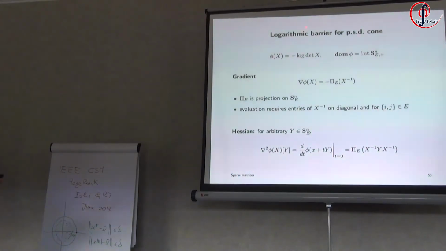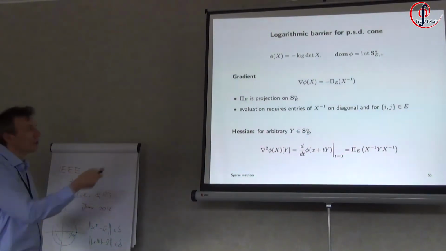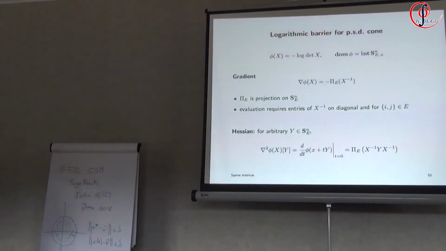So we'll be interested in the positive semi-definite cone with a given sparsity pattern. For that cone, we just use the standard log-det barrier. We know that's a convex, self-concordant normal barrier. The difference here is that X is restricted to this subspace of sparse matrices with that pattern.